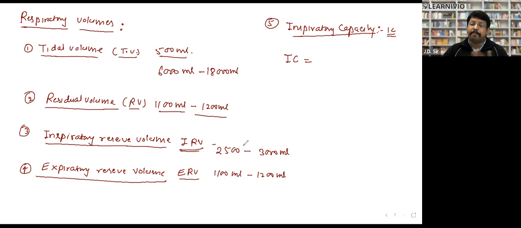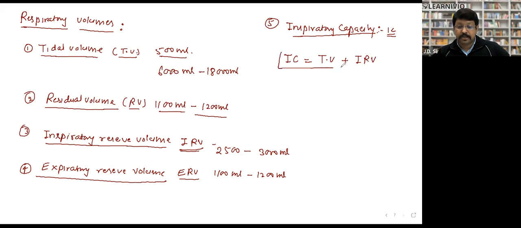So how much can a person inspire after normal expiration? First, tidal volume, 500 ml, then extra, that is IRV. So the formula is IC equals TV plus IRV. TV is 500 ml, and IRV is 2500 to 3000.